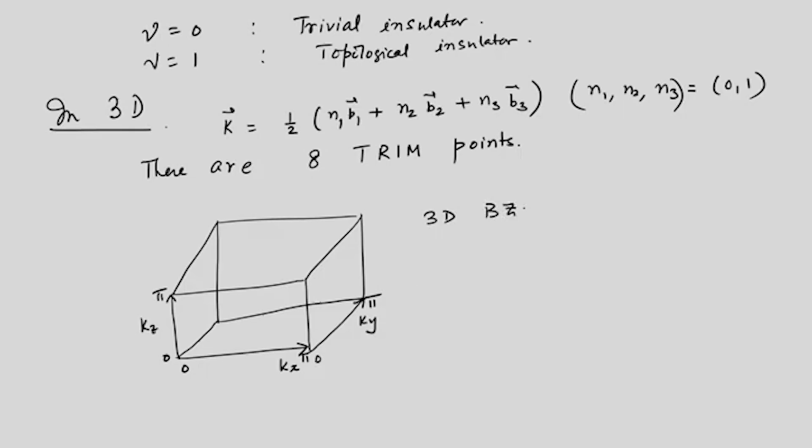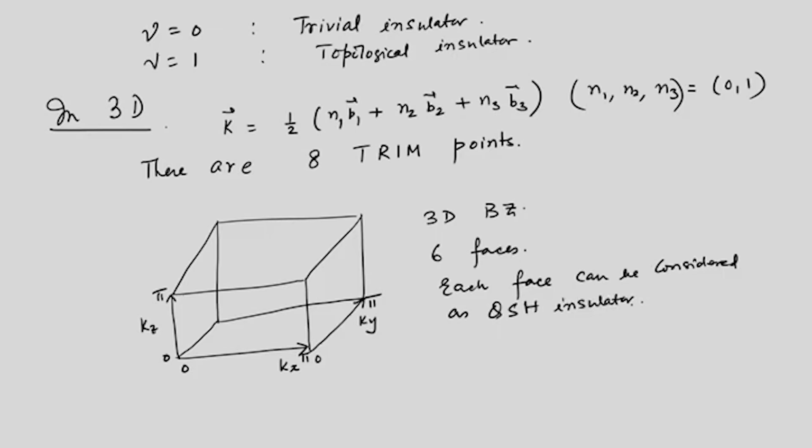So, there are 6 faces of this Brillouin zone, and each face can be considered as a quantum spin Hall insulator, because the Hamiltonian has time reversal symmetry.